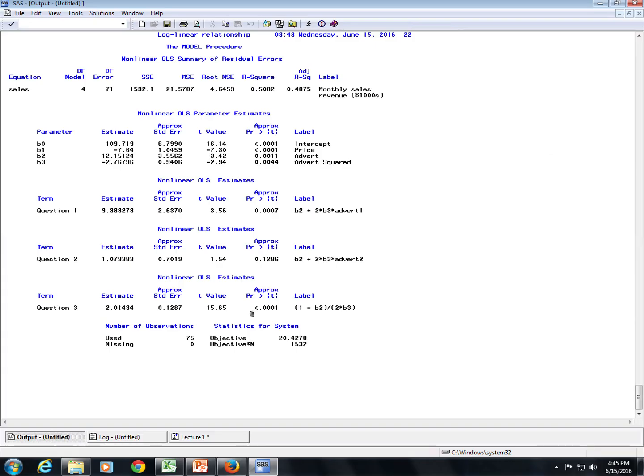So essentially it's saying that we should be spending $2,014.34 in advertising, and that's where we should stop. Because at that point, we're no longer generating profit. We're instead generating debt or loss. Pretty cool, right? So there's our answers.